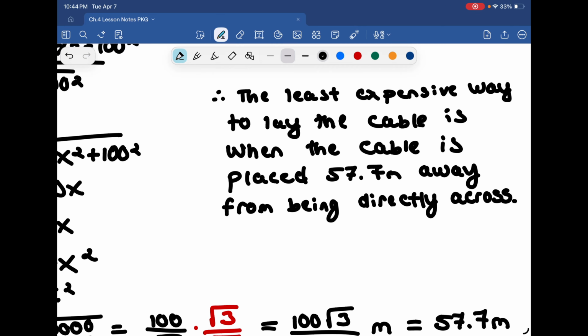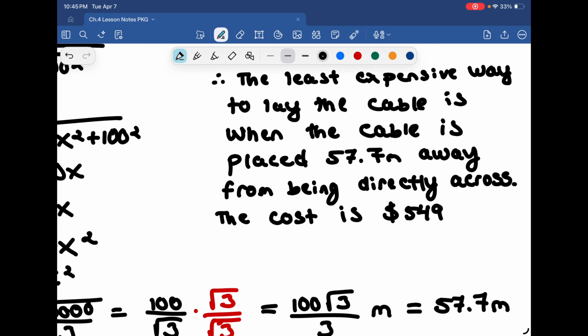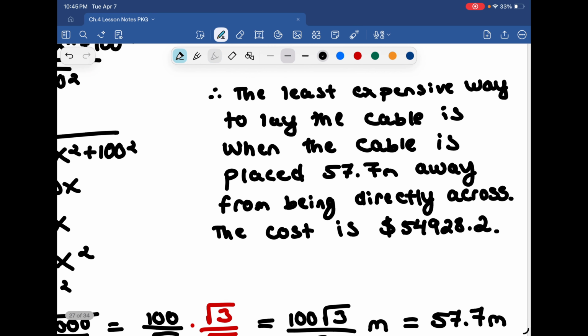Perfect. So it's that distance instead of just going directly across. I'm 57.7 meters just to the right of that. And the cost is we get this $54,928.2. There we go. Perfect.